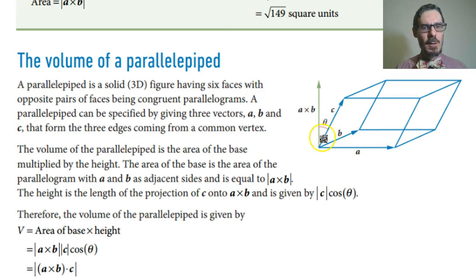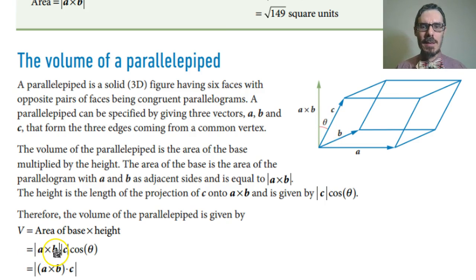So, A cross B gives me the area at the bottom. It also incidentally gives me a vector perpendicular to these two. So now I can project C onto A cross B. It's the length of C cos theta. But wait a minute.